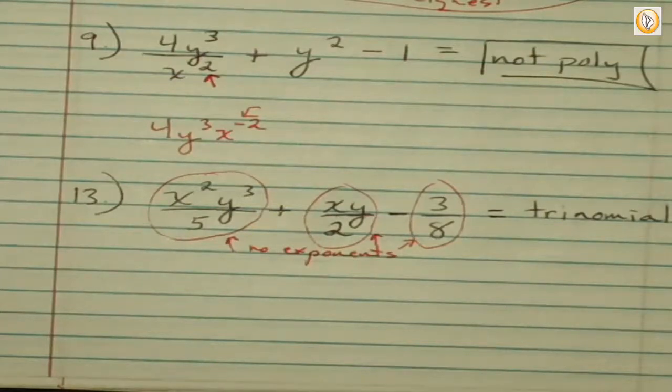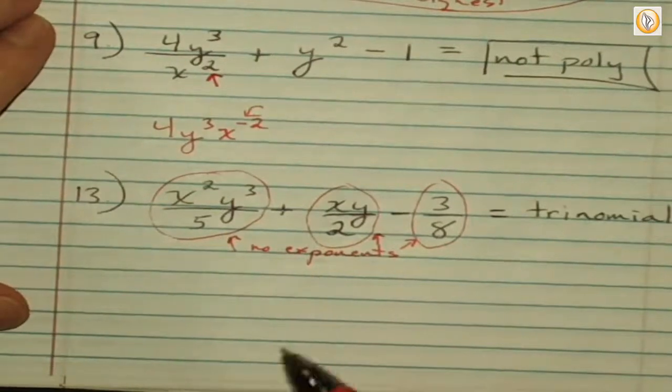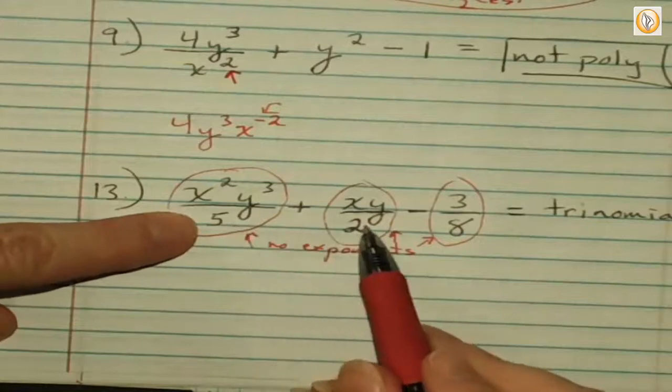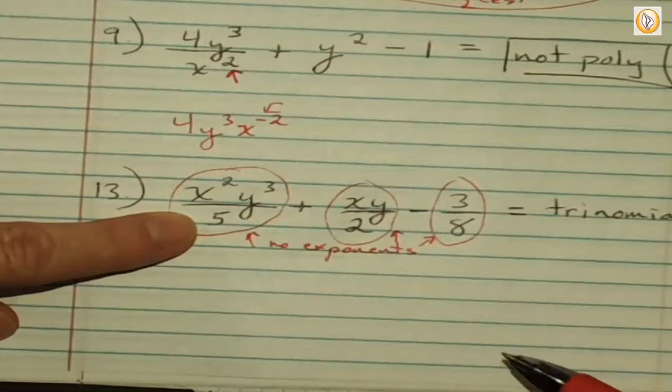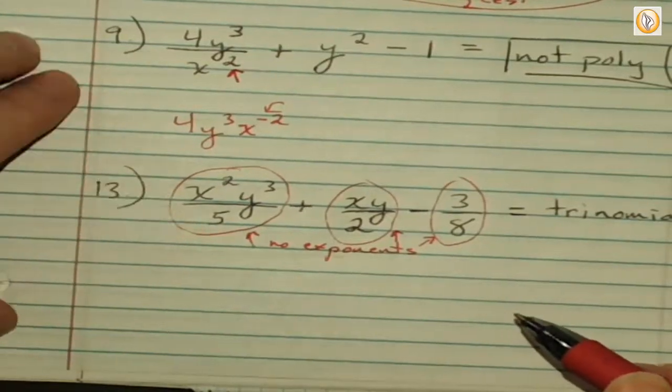So, no exponents in the denominator. This is not a variable, so it's fine. It is okay to have just a constant. Do y'all understand that? Got it?